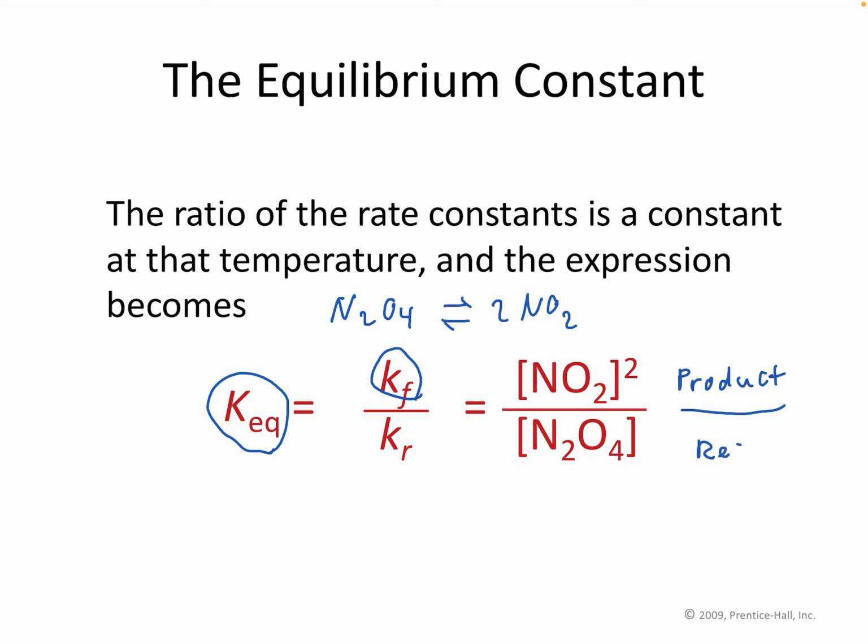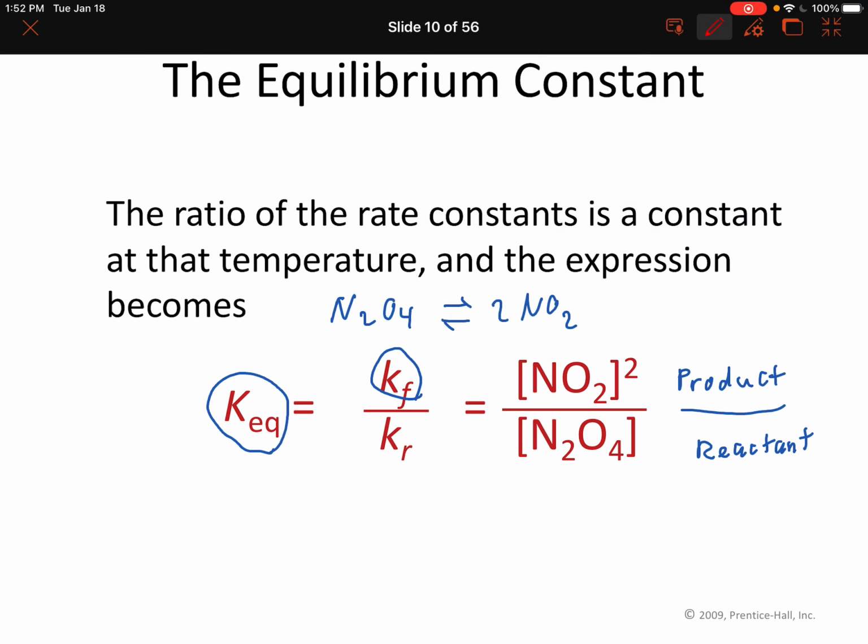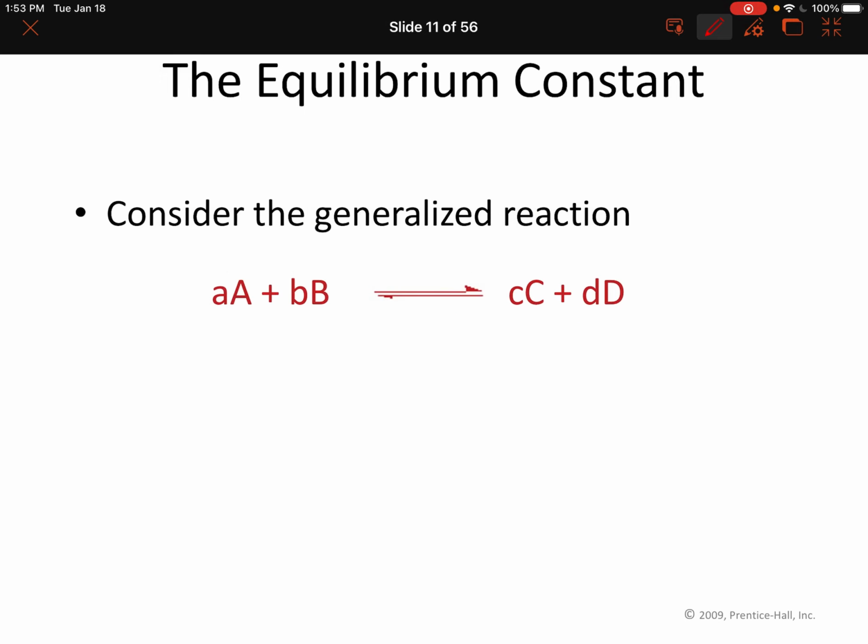Like I said before, we've got product in the numerator and reactant in the denominator, and the coefficient in the balanced equation becomes the exponent in the equilibrium constant expression. Understanding that the equilibrium constant is the ratio of the forward and reverse rate constants, this pattern will always be correct.